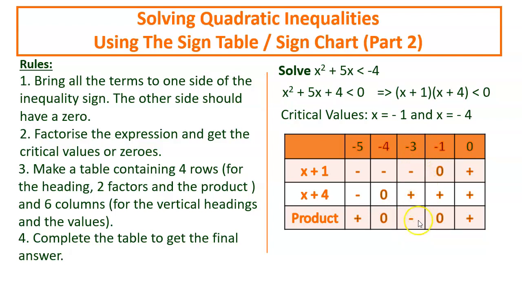And what does this column represent? It represents all numbers lying between -4 and -1. These two are excluded. Means all numbers which are greater than -4 but are less than -1. So this is our final answer for this question. Therefore, the final answer is x is greater than -4 but is less than -1.